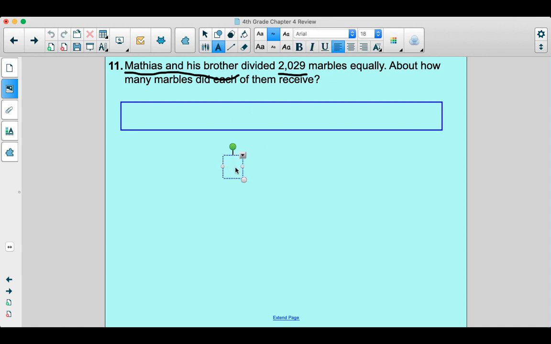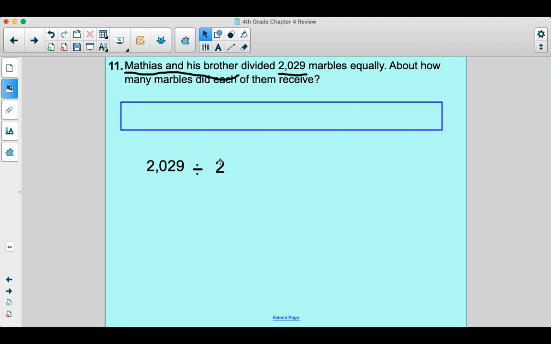So let's see if I can get my division symbol. There we go. So 2,029 divided by 2. All right, easy peasy lemon squeezy. You just round that 2,029 to a nice, easy 2,000, right?